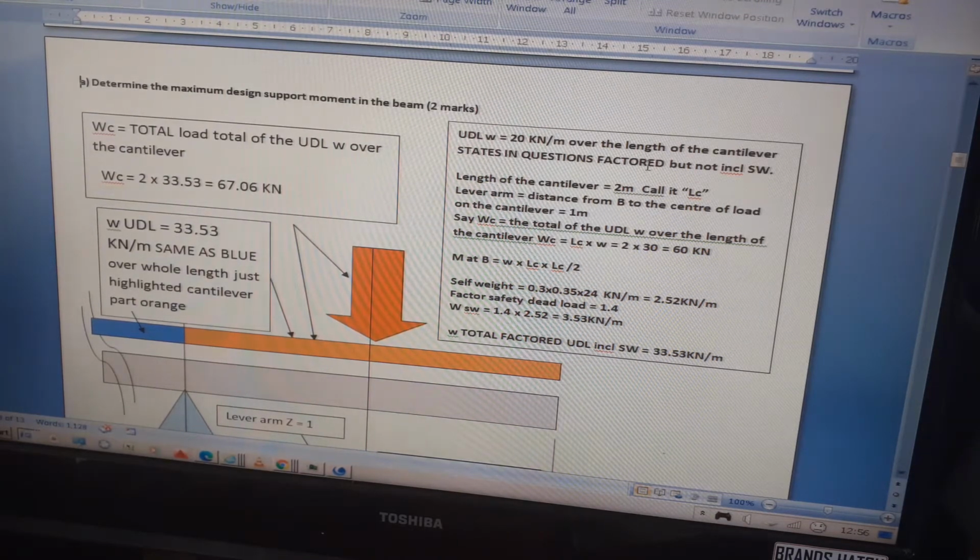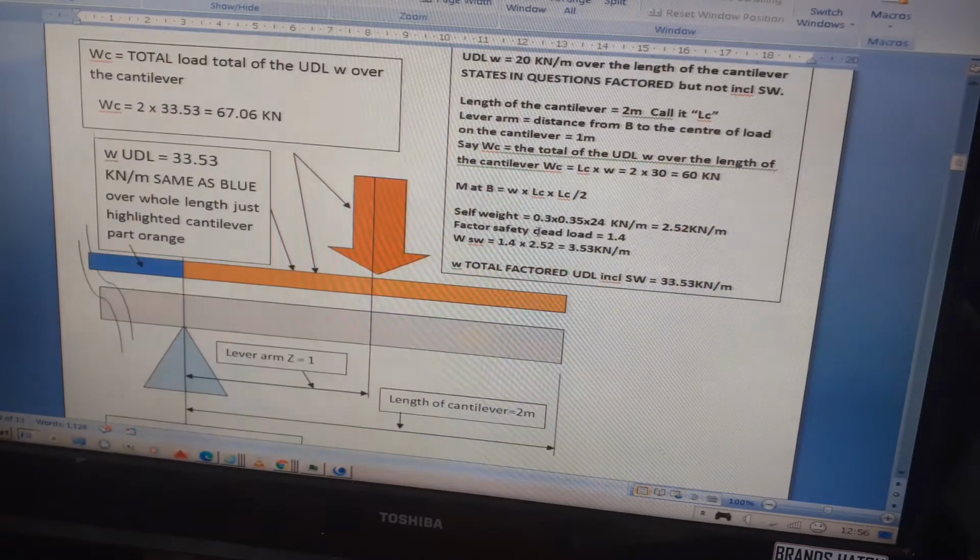It states in the question that this load is factored, so we don't have to apply a dead load factor, but it does not include self weight. I'll zoom in a little so you can see that bit. The length of the cantilever is 2 meters. Call that LC. The lever arm is a distance.